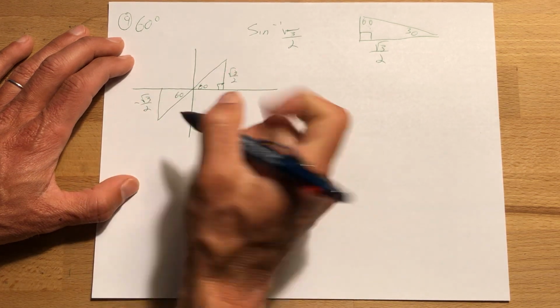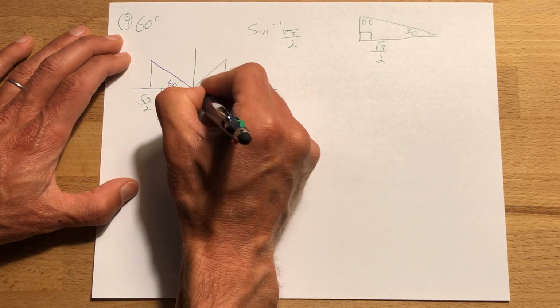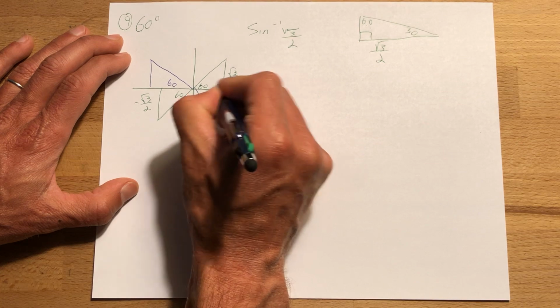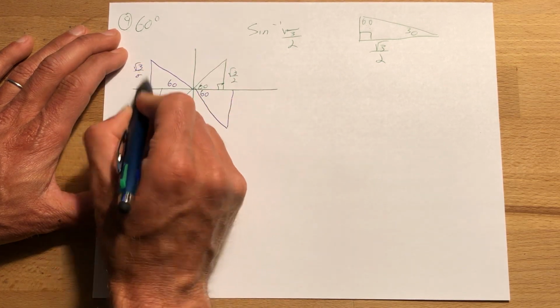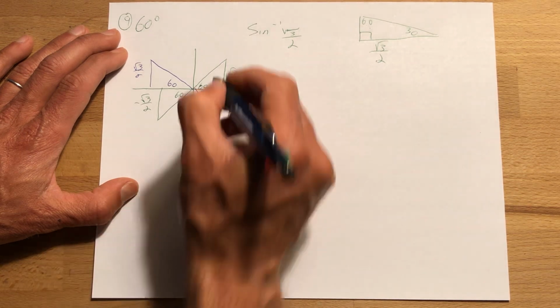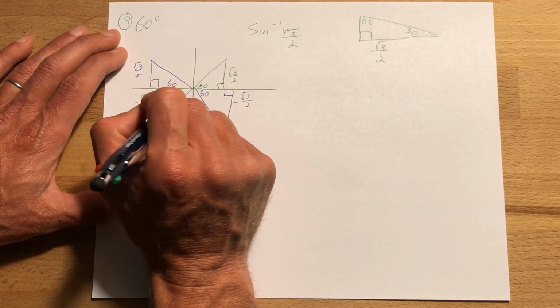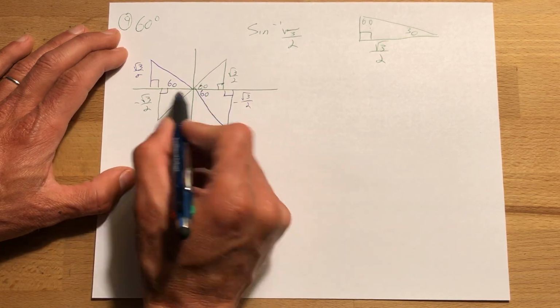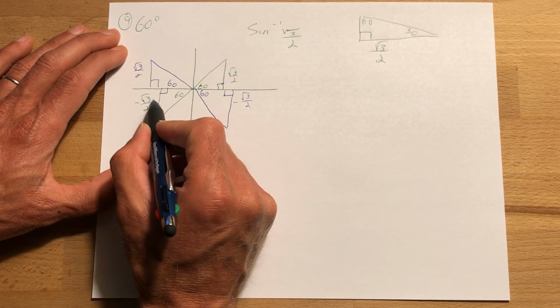And then let's do 2 reference angles here. This is 60. This is 60. This is root 3 over 2 because it's up, but this is negative root 3 over 2. So there's actually 2 answers for the opposite over hypotenuse to give you a negative root 3 over 2.